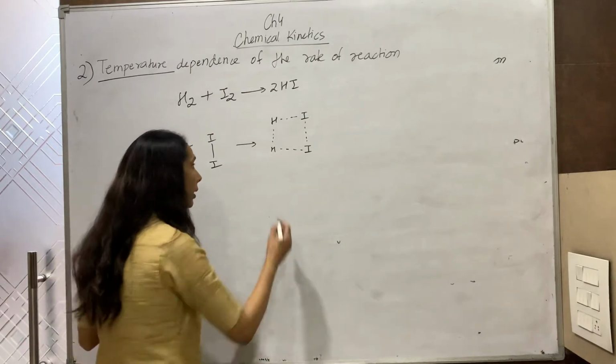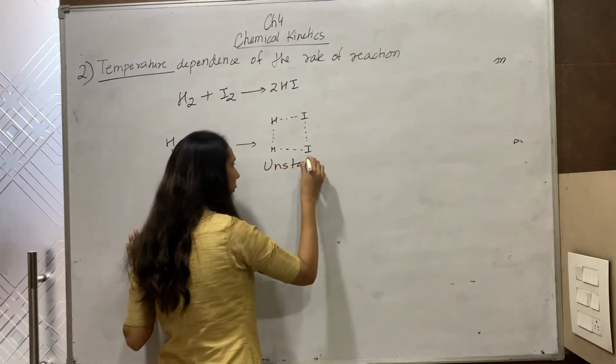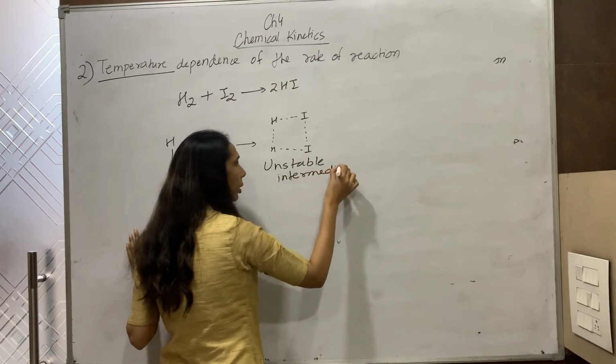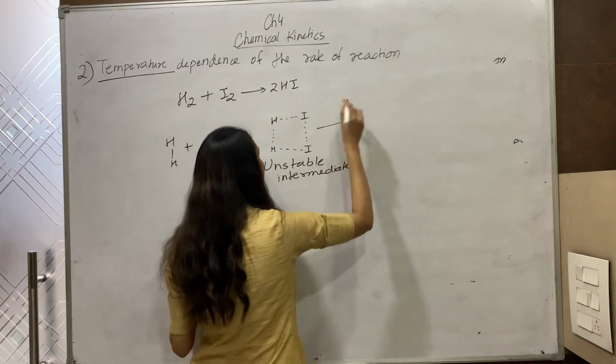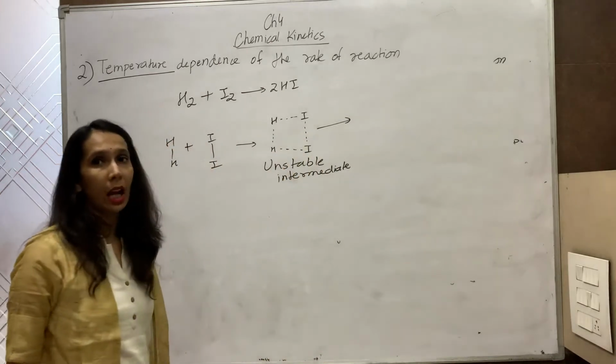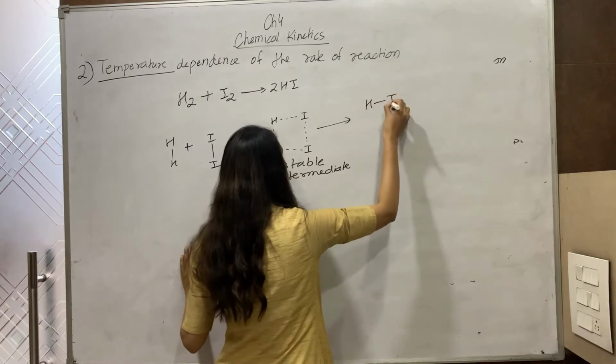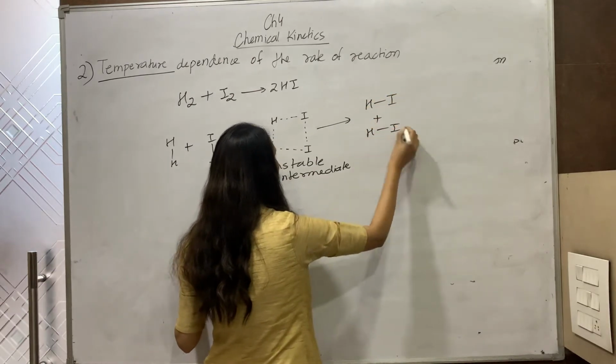This is the unstable intermediate which is formed. For a very short time, it cannot be isolated. Finally, the bonds between HH and II break, and the new bonds are formed, HI plus HI.